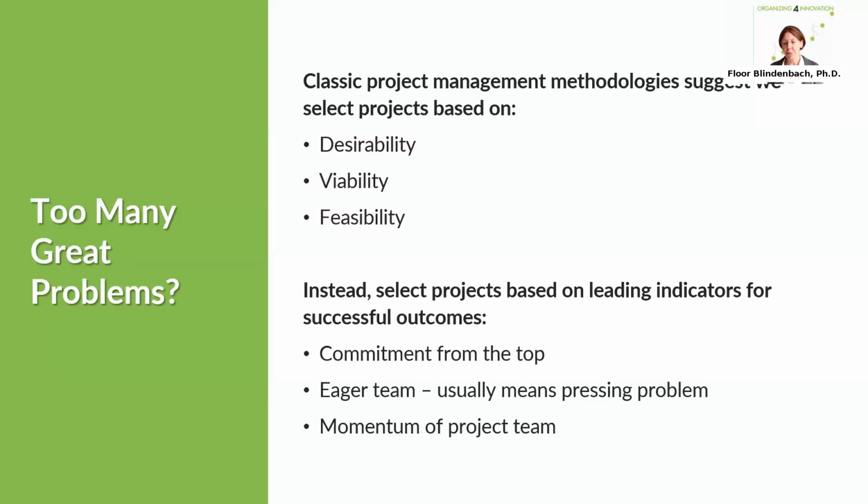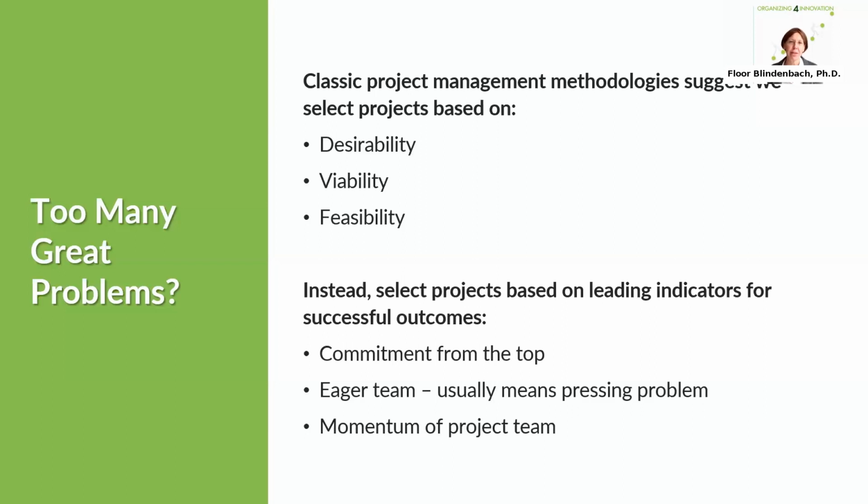Ed Catmull said this beautifully: if you have a brilliant idea and a mediocre team, they will screw it up. If you have a mediocre idea and a brilliant team, they will make it work or come up with something better. So we are always looking for the passion of the team, because we are all smart people, and everyone who signed up for this session is smart.